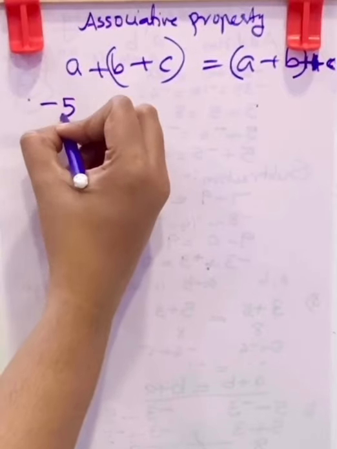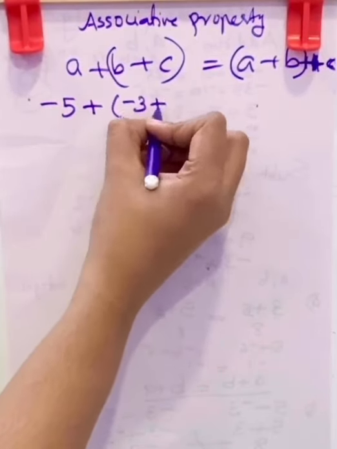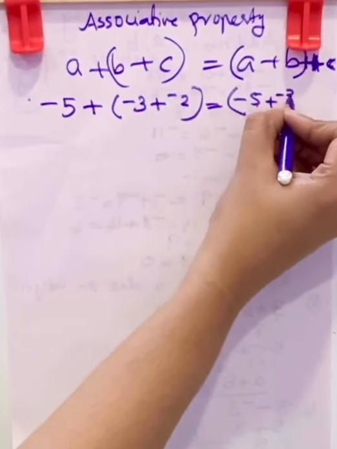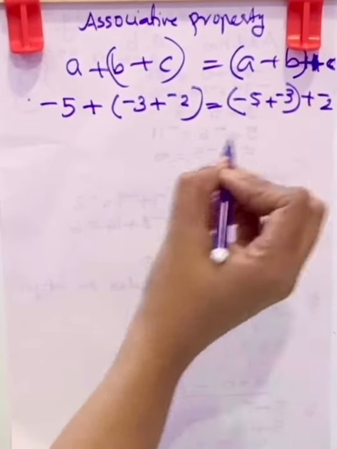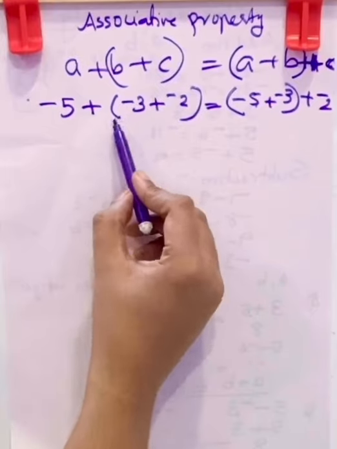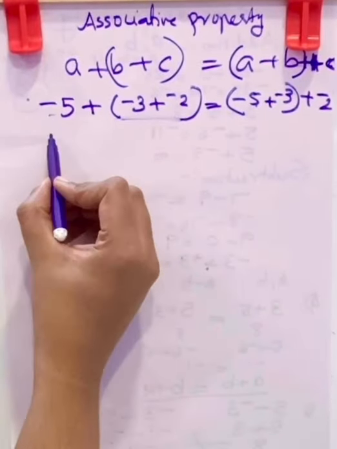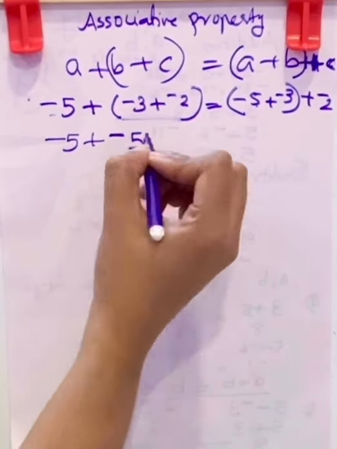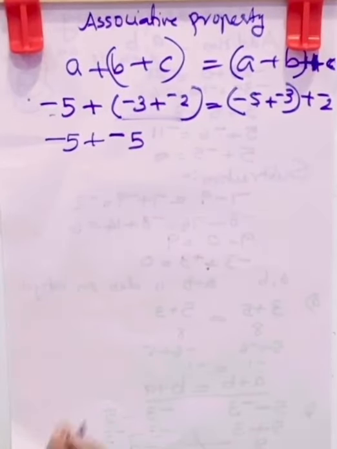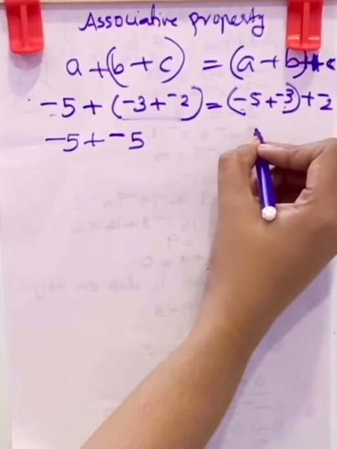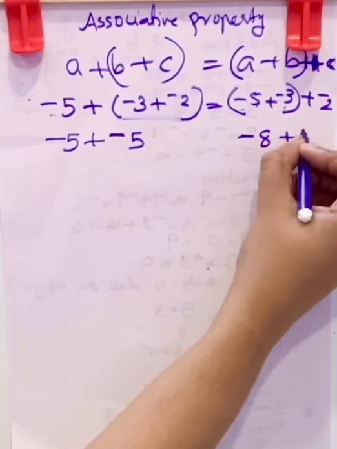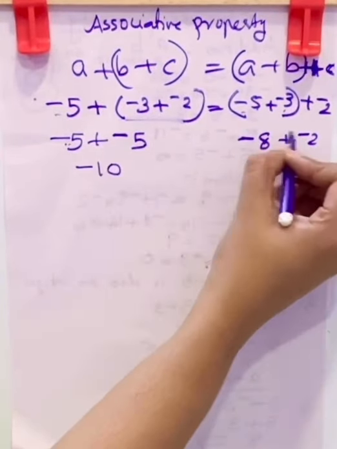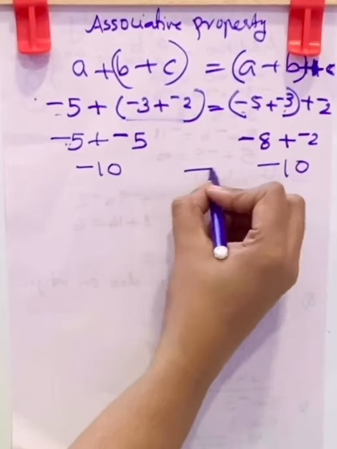Let a be -5, b be -3 and c be -2. Here we have -5 plus (-3 plus -2), and here (-5 plus -3) plus -2. Now we do the operation inside the bracket first. Here -3 plus -2 is -5, and -5 plus -5 is -10. Here -5 plus -3 is -8, and -8 plus -2 is -10. Both are equal.